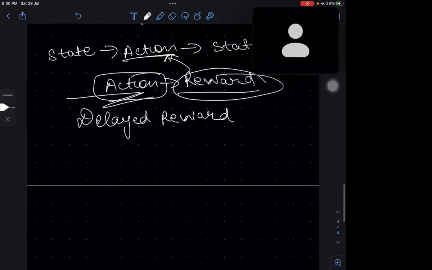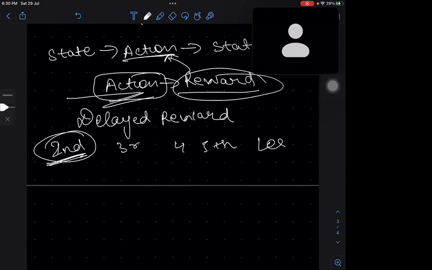Like in the chess move, you take the second move, you take the third, fourth, fifth. This second move which you took was the wrong one. That is why you lost, because of this.